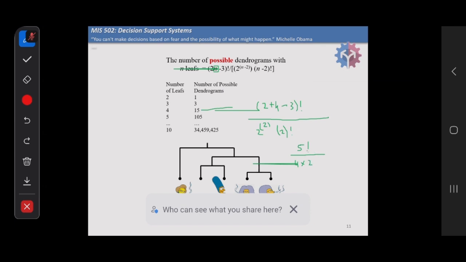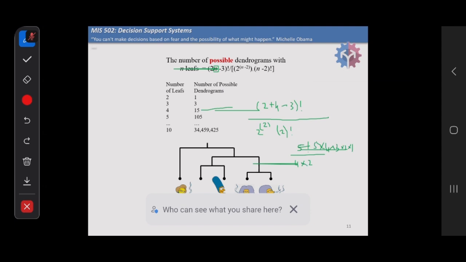Then we can write 5 factorial equals 5 multiplied by 4 multiplied by 3 multiplied by 2, and at the bottom we have 4 multiplied by 2.